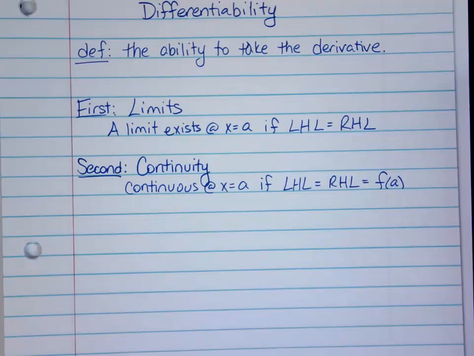Now let's make sure we understand this. True or false? Every function that is continuous has a limit at that point. That is true. Every function that has a limit is continuous at that point. False. What is a counterexample to prove that it's false?